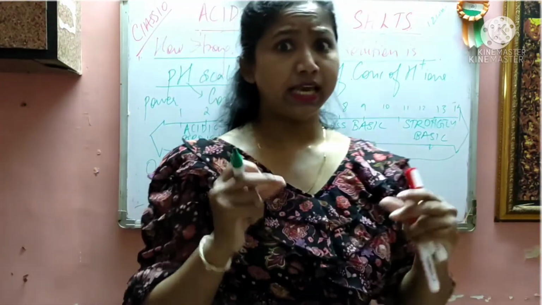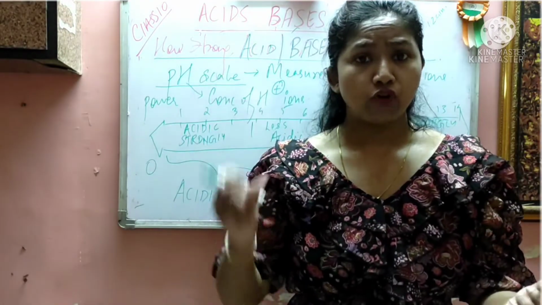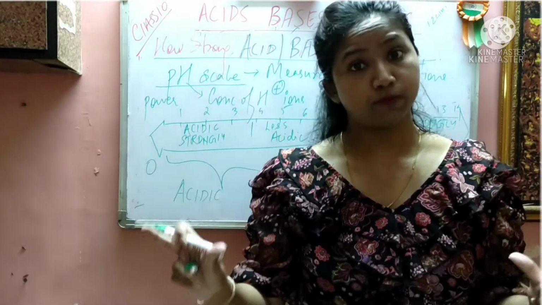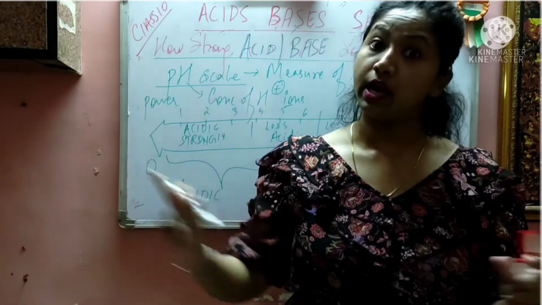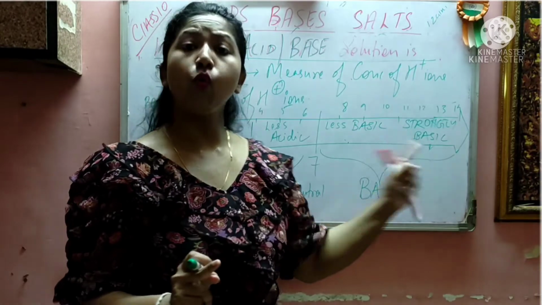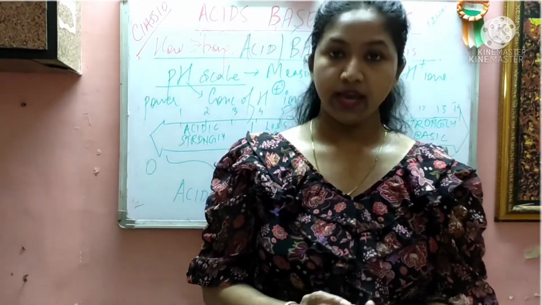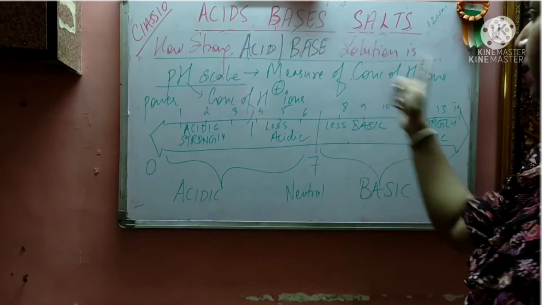That means if there is more concentration of H plus ions, then it is more acidic. If there is more concentration of OH minus ions, then it is more basic. So this is about the pH scale.